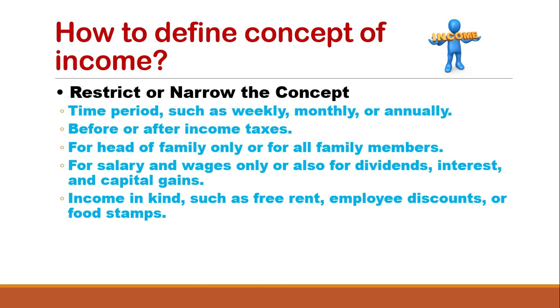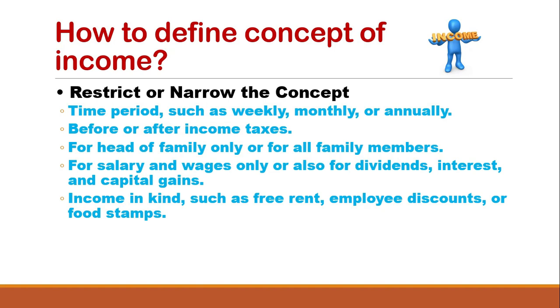For instance, we want to define the concept of income because we are actually estimating a family's total income of our survey participants. It may be a simple, unambiguous concept, but we may receive varying and confusing answers.